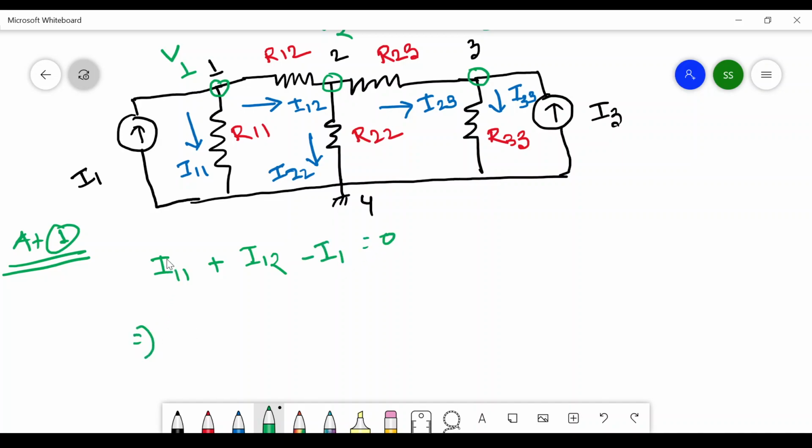Or you can write, in case of I11, the voltage is V1 and here it is ground 0. So V1 divided by R11 plus V1 minus V2 divided by R12, which is equal to I1.